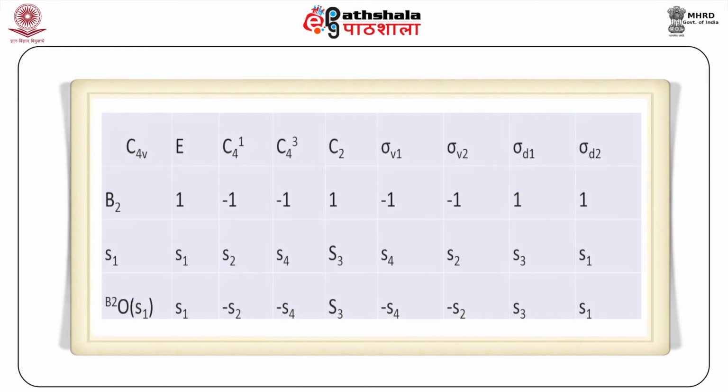Now, we make use of B2 on S1, that is we will go for the transformation operator corresponding to B2 on S1, or we can make use of the projection operator, and the result on this S1 is again summarized in the table.